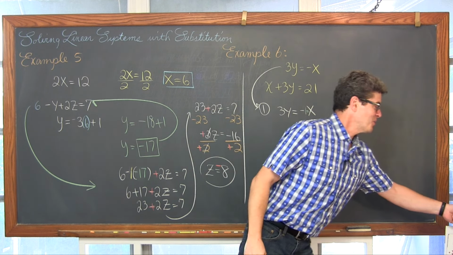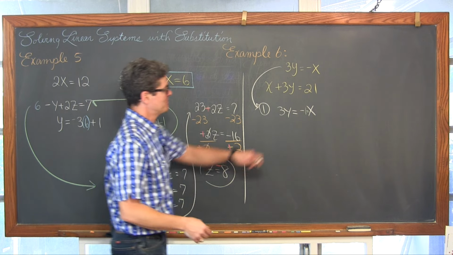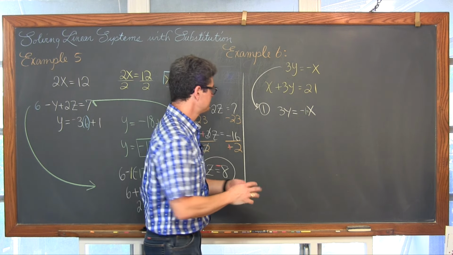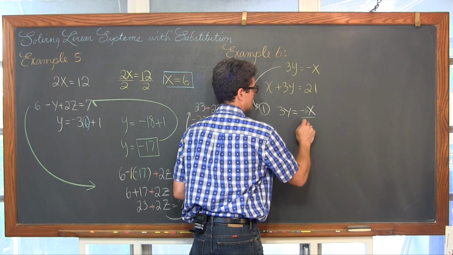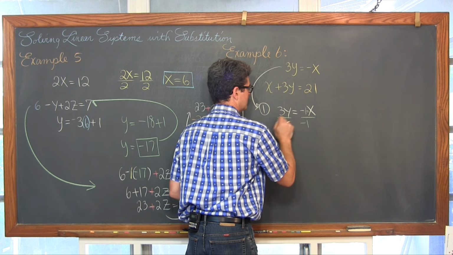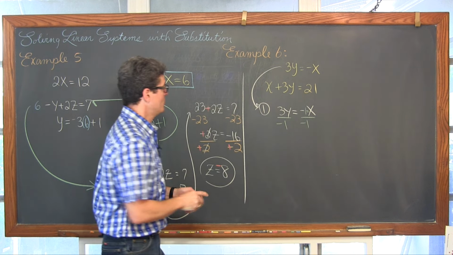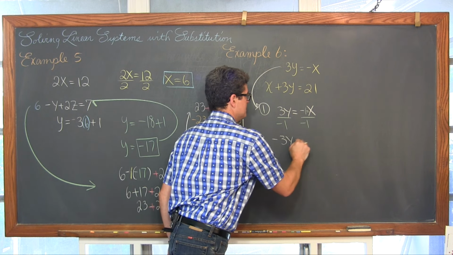We've got to divide both sides by negative 1 to undo that multiplication of negative 1, and we get negative 3y is equal to x.